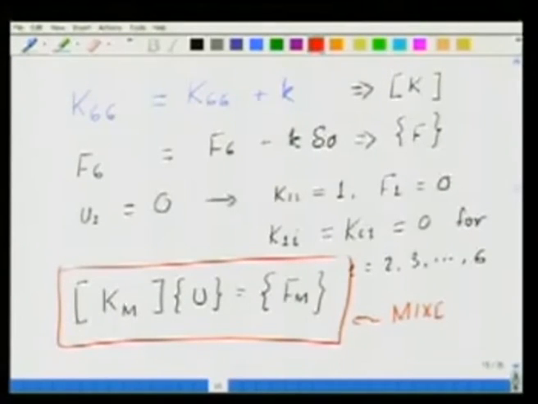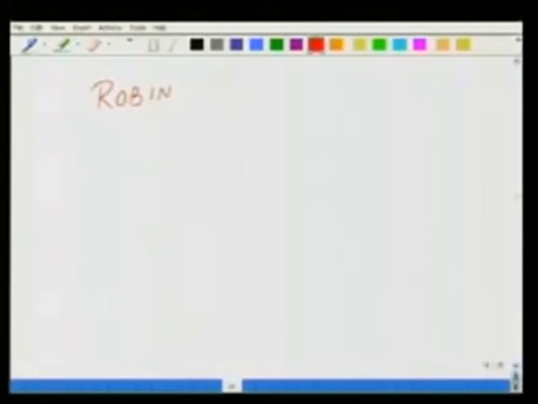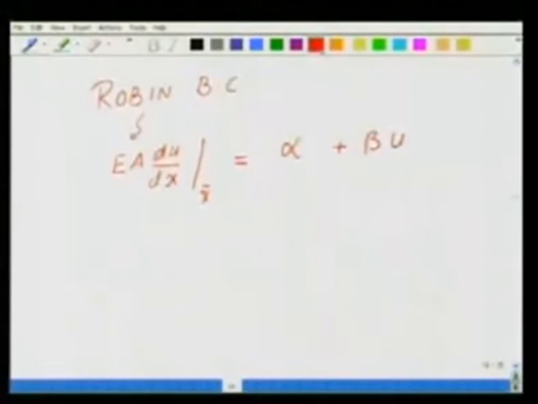This kind of boundary condition, which is in terms of a spring applied at one of the ends, is called a mixed BC or a Robin boundary condition, which is that the end load, that is the EA du dx at the point x bar, is given in terms of some constant plus beta times u at x bar.